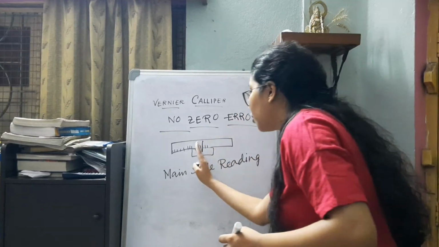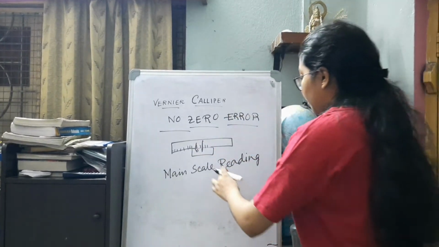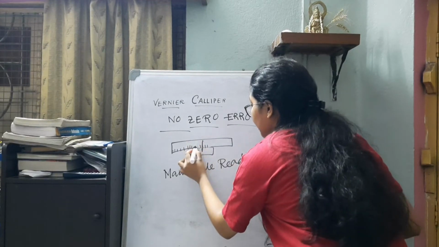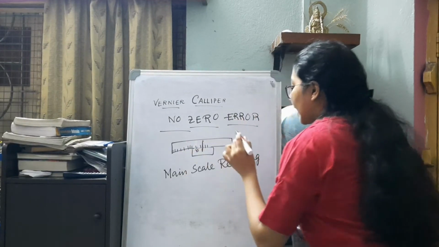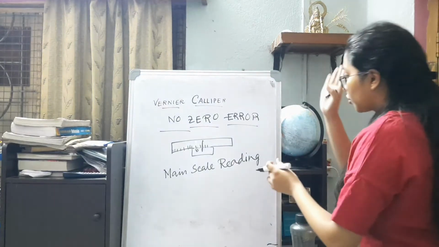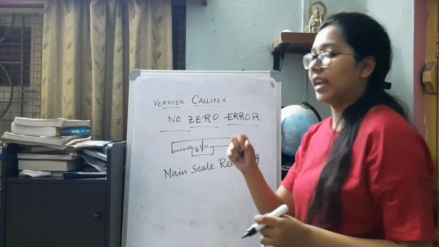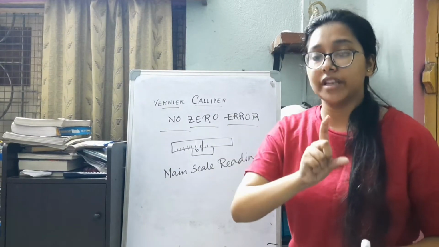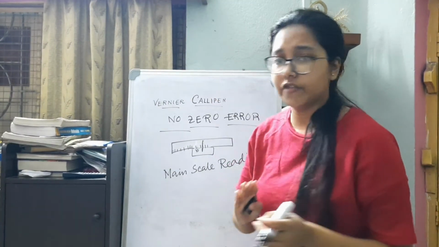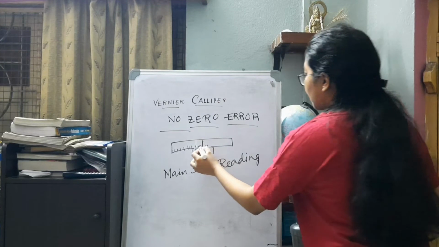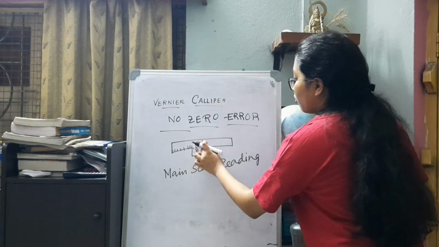So from 0 to that we have to take the number of divisions. Supposing in this case the first division and the second division just coincide. So the number of divisions of the vernier scale that coincides with any particular division of the main scale is taken. So the number of divisions in this case is 0, 1, 2.